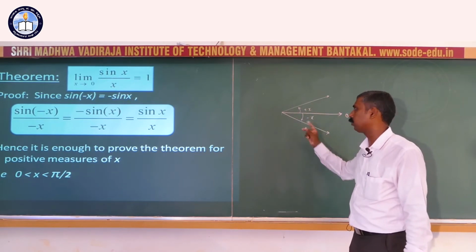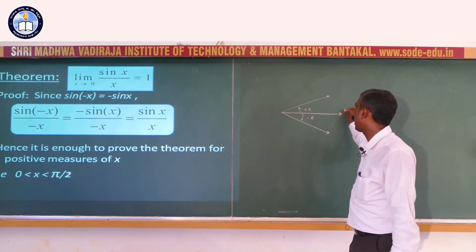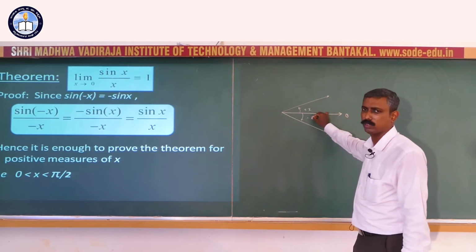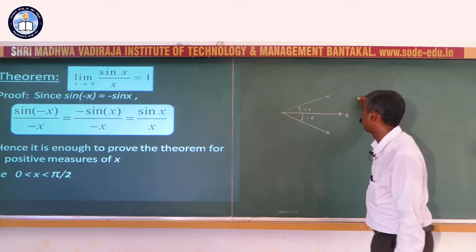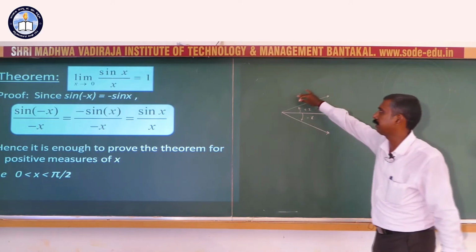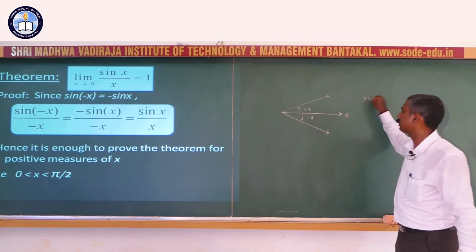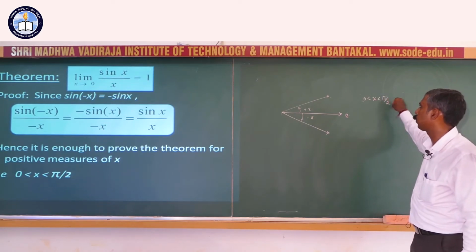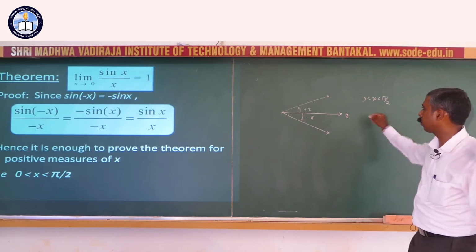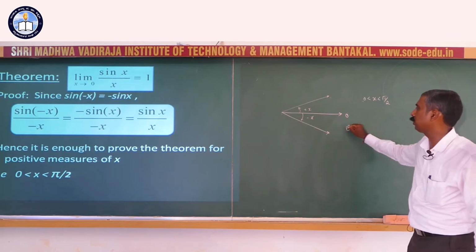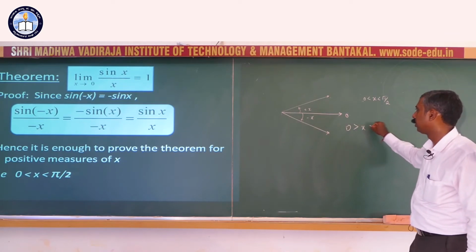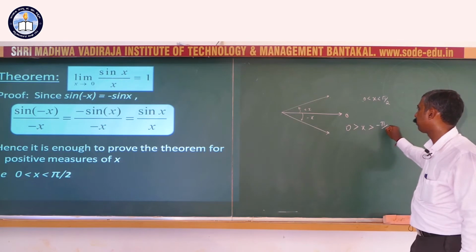Since angle x is very close to 0, definitely it will be less than 90 degrees. So 0 less than x less than pi by 2 is one option. Another option is 0 greater than x, and x greater than minus pi by 2.